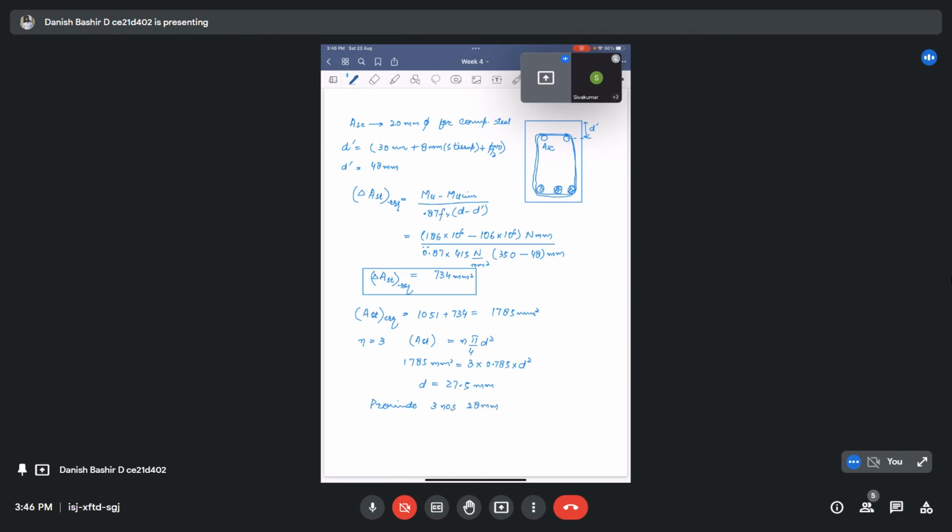From design charts you can directly see the cross sectional area of a 28 mm bar is 616 mm square. Three bars come out to be 1848 mm square. This is the amount of reinforcement provided.